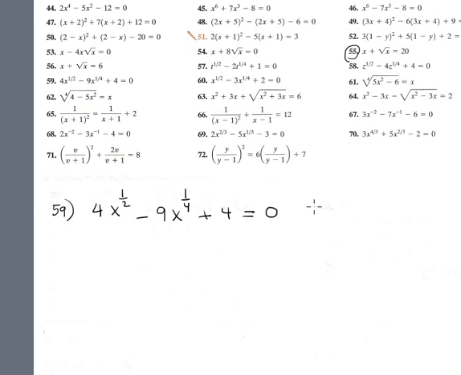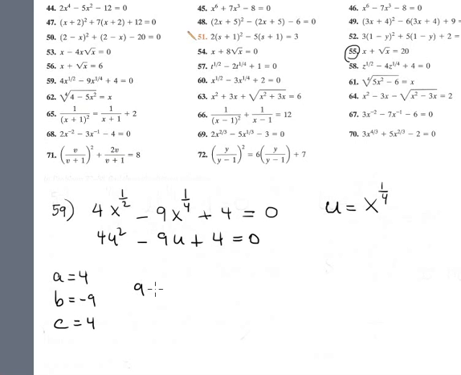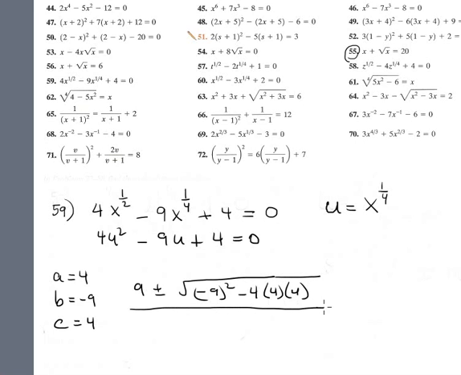Okay, again, it's quadratic form. The substitution is u equal x to the 1/4. And the new quadratic equation is 4u squared minus 9u plus 4. Because we are solving by quadratic formula, a is 4, b is -9, and c is 4. That's 9 plus or minus the square root of -9 squared minus 4 multiplied by 4 multiplied by 4, divided by 2 times 4.